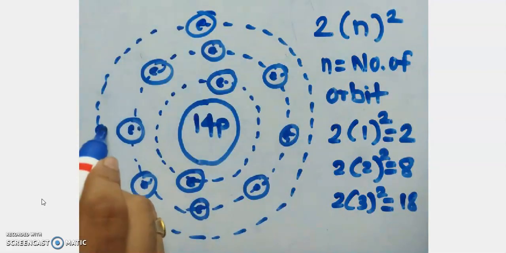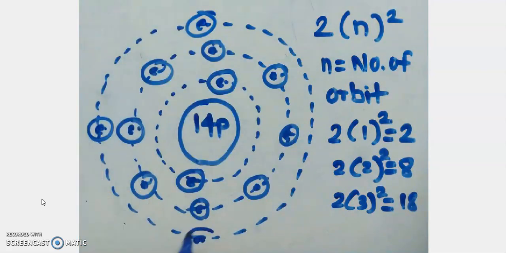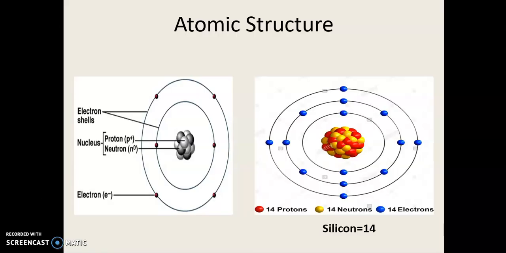So whatever electrons are left, I will accommodate, and I will consider this as a simple atomic structure of silicon. Whenever we talk about the atomic structure, it indicates the total number of protons as well as the total number of electrons.